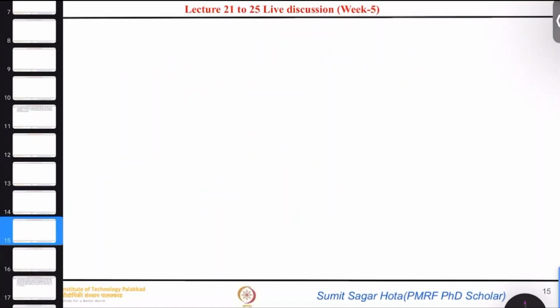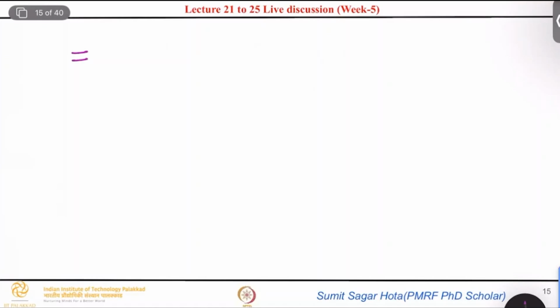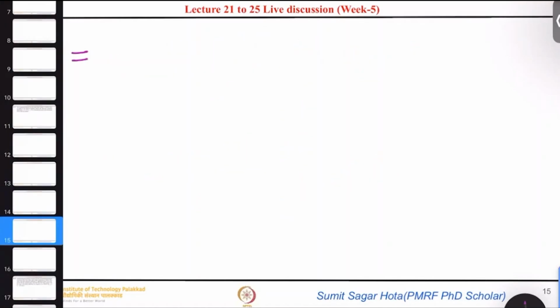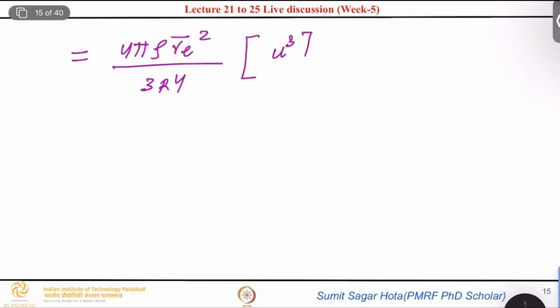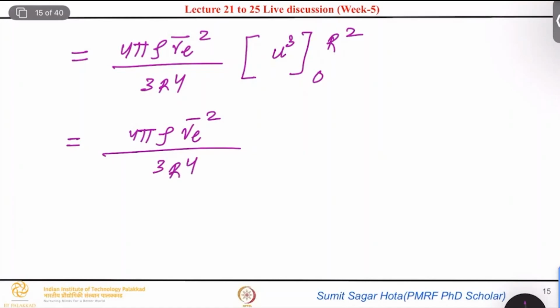Now just do the integration. Four pi rho VE bar square divided by 3r to the power 4, u cube from 0 to r square, which is 4 pi rho VE bar square over 3 r to the power 4, r square cube minus 0.